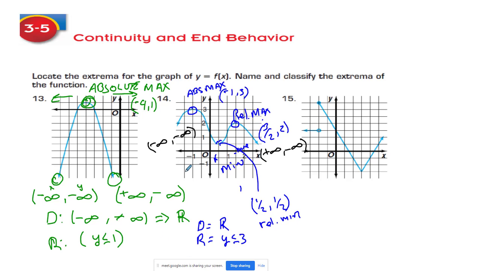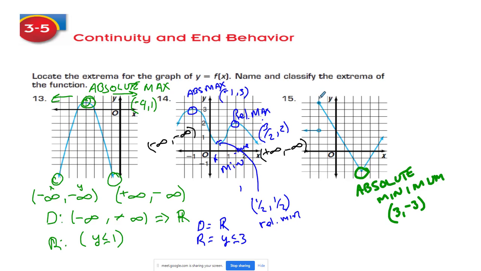So let's look over here at 15. Let me switch back to green, I guess. So on 15, we have an absolute minimum at 3, negative 3. So we have an absolute minimum there.